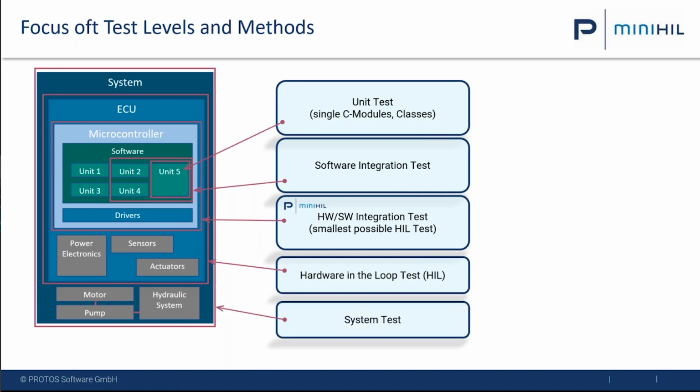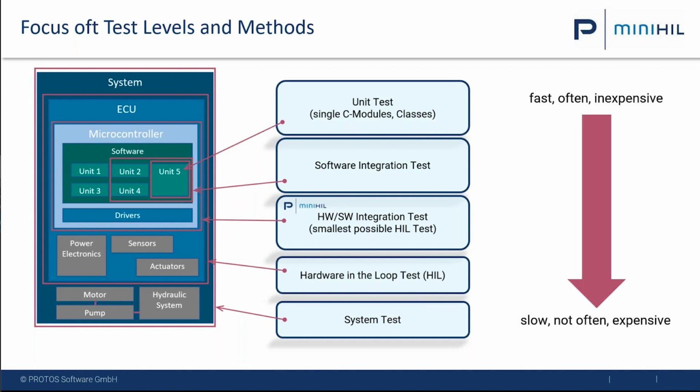And last but not least, we have a system test where you actually test the real system with the motor, with the pump, with the hydraulic system in this case. And that's usually even more expensive. You need to do that, but not on every software commit.